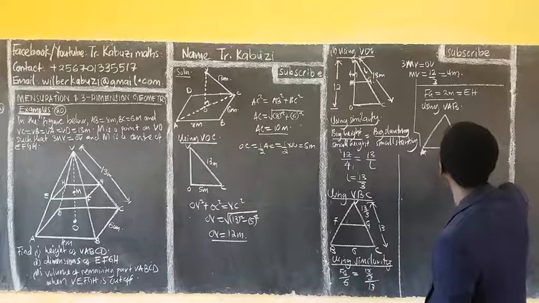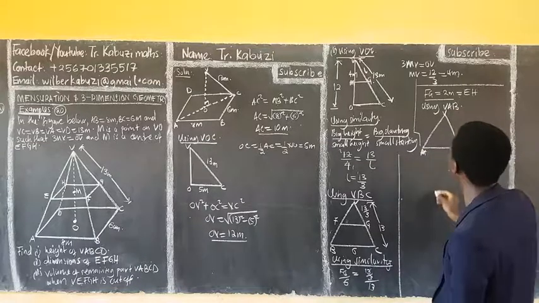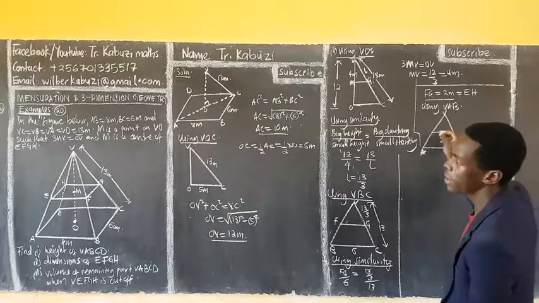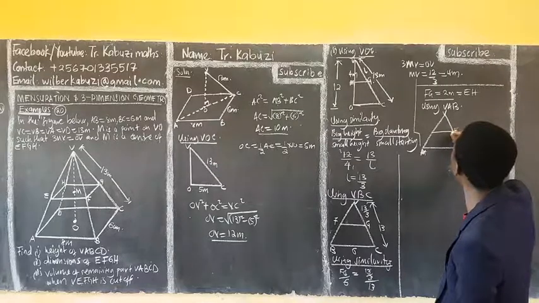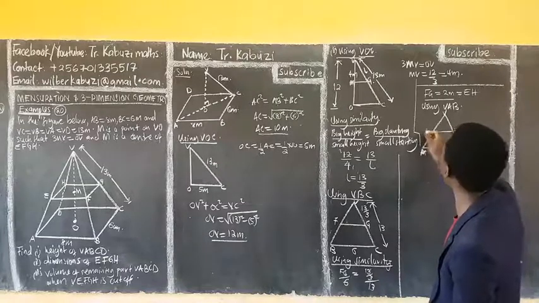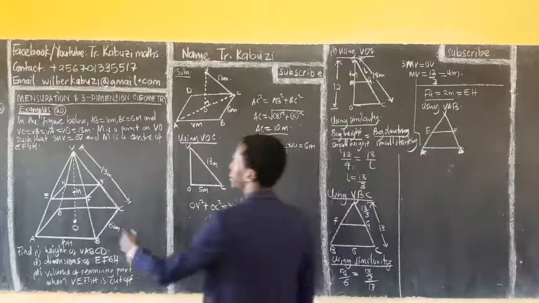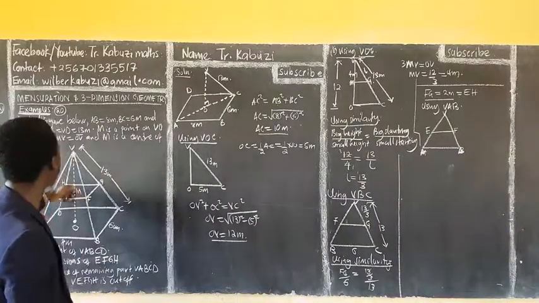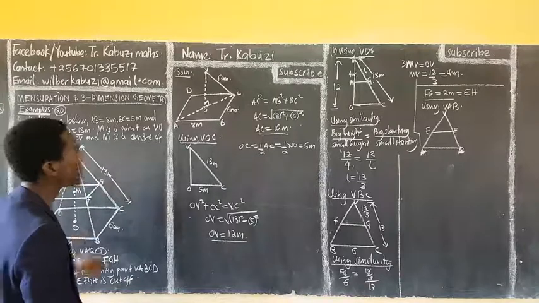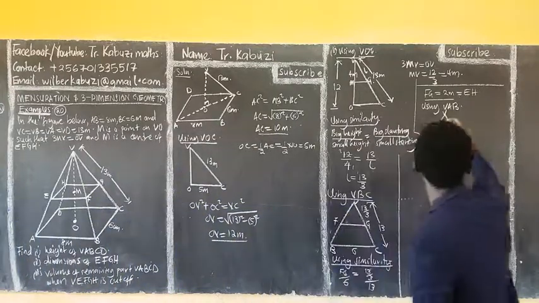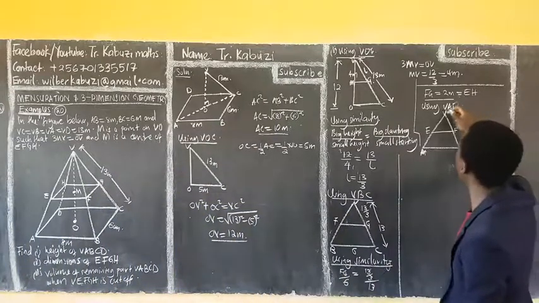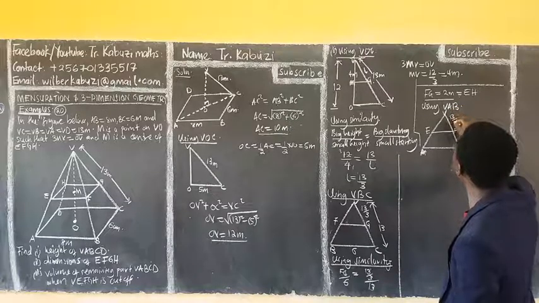This is A, this is B. So note that from this we have A, F, and E. Remember that this side here, VG, is equal to this. Of course, this one is equal to this. So note that BF is going to be also 13 over 3.